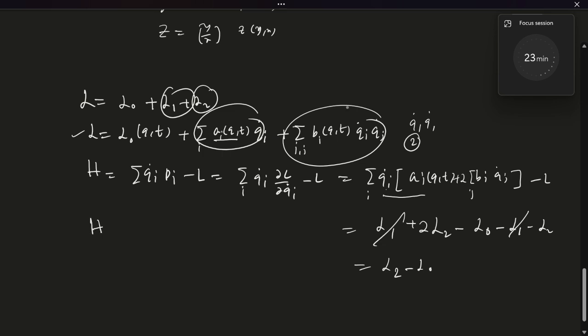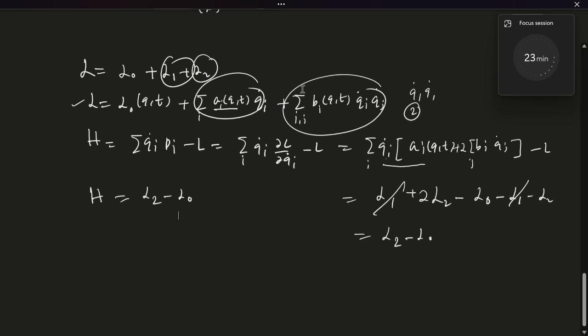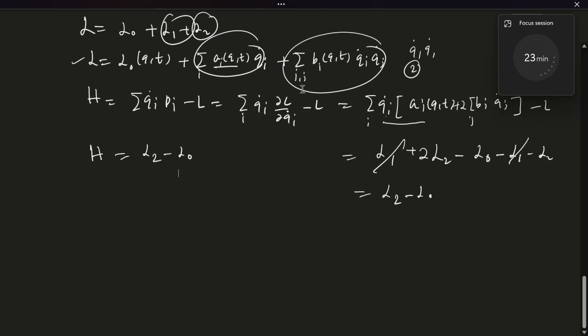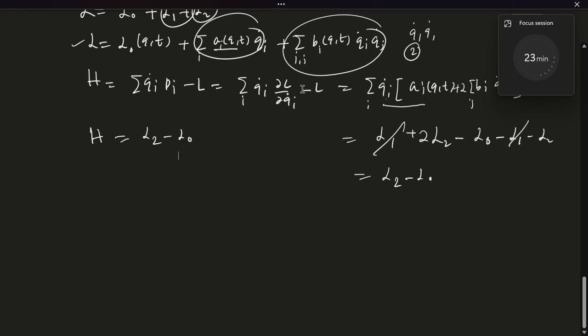So your Hamiltonian is nothing but L2 minus L0. That's all.